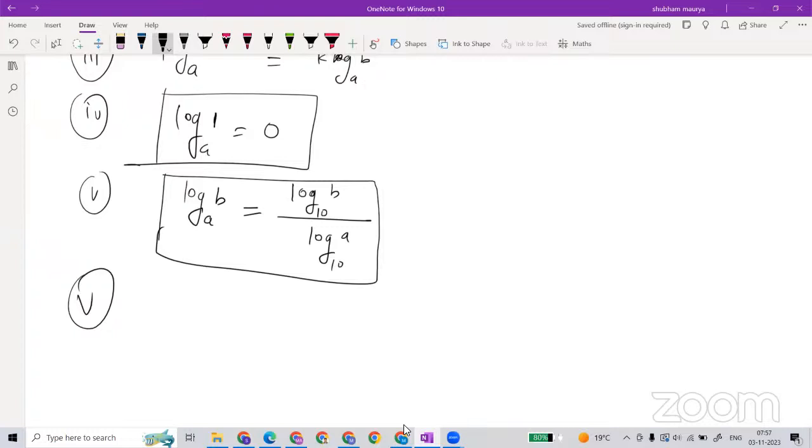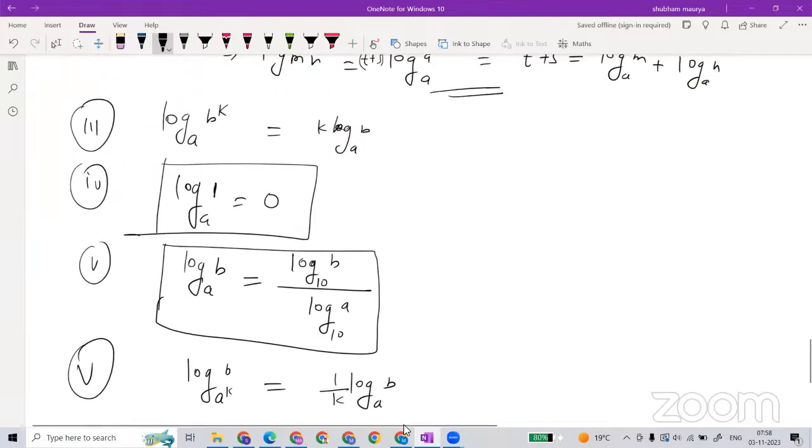Okay, sir. And the next is, this is one important log. It is a to the power k and this is b here. So this could be written as 1 by k log. Previously, if you see, base a, b to the power k is just multiplied here. See that it is multiplied ahead.